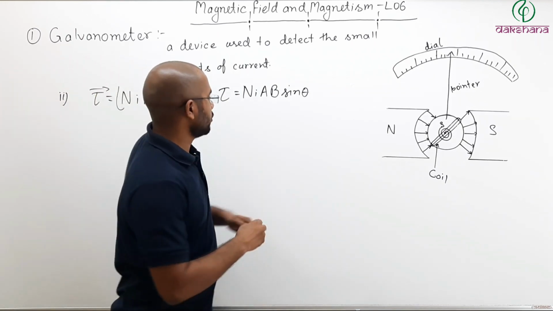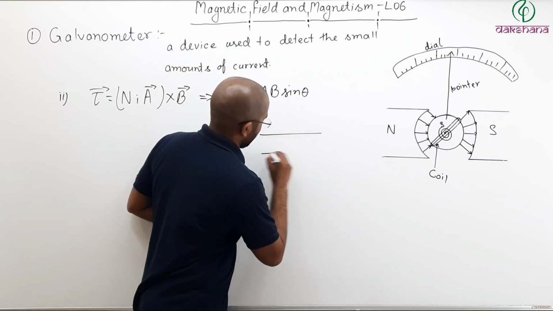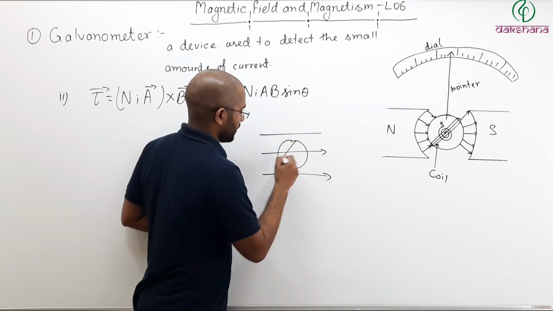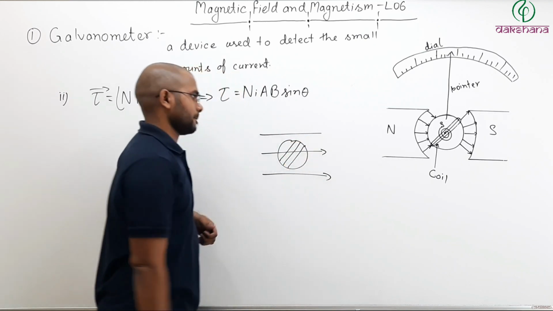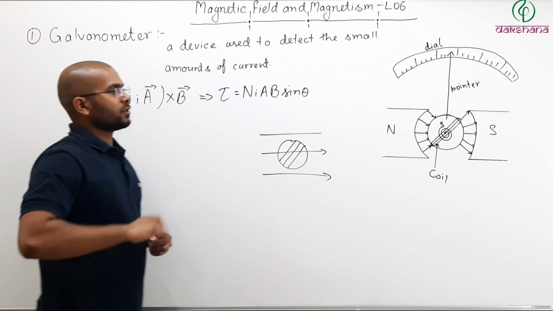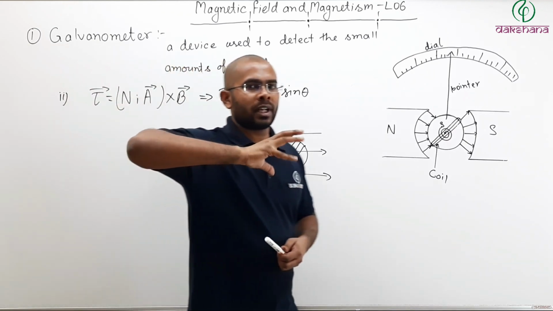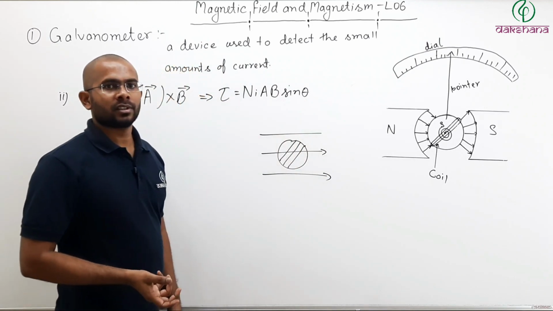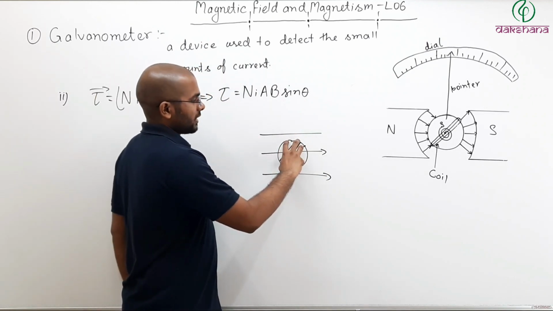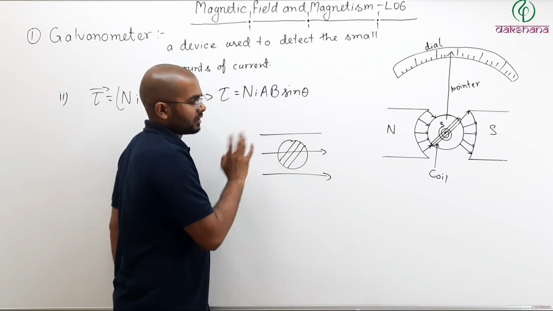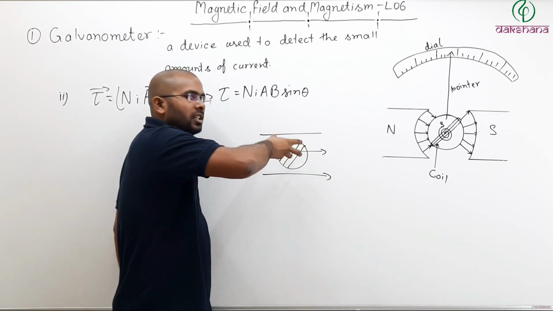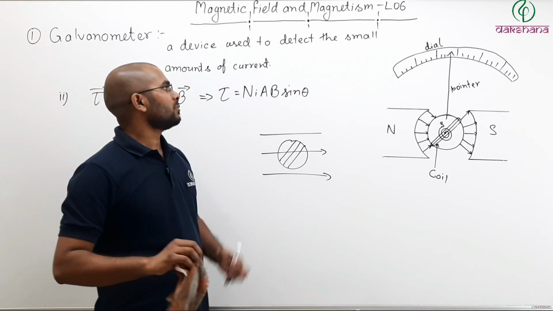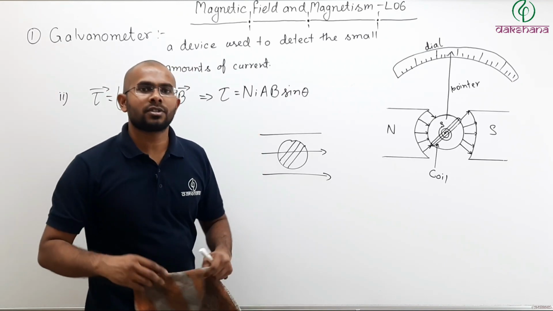Now if we use a uniform field, and I place my loop here like this, then as soon as the loop rotates, my theta will also change. So if we keep the loop like this, theta is different. Rotation will change theta.